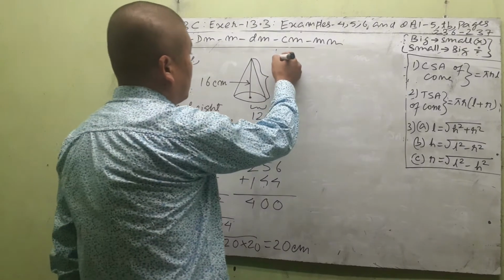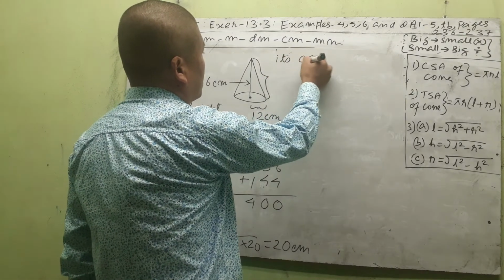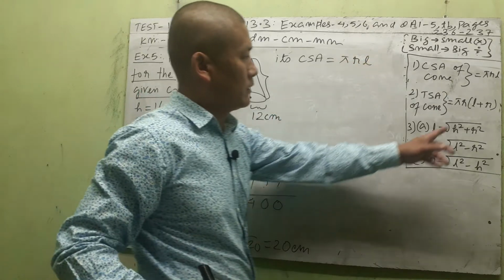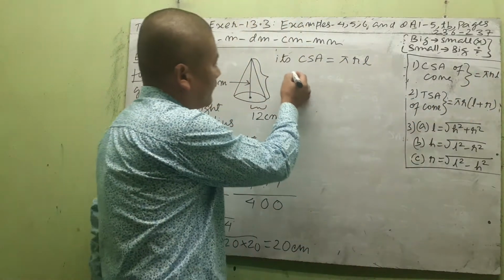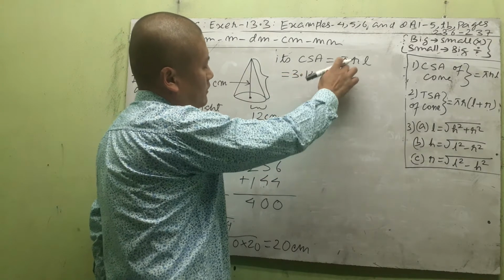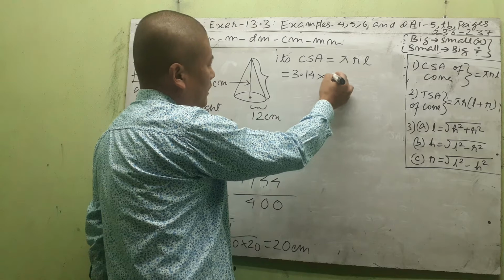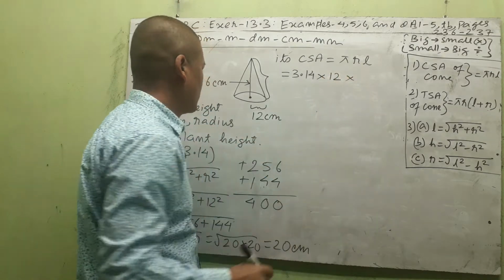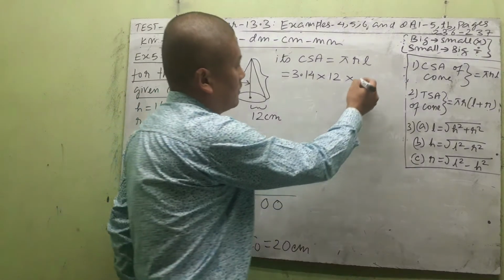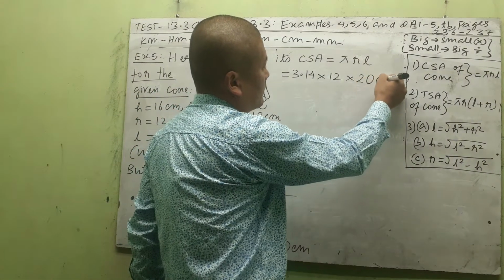So having found L, now we can easily find its curved surface area, which is pi r L, as you can see here. So we are aware of the fact that we have to use pi in this question as 3.14. R is 12, as we can see here. And L here is 20. So 20, and area means two dimensional.